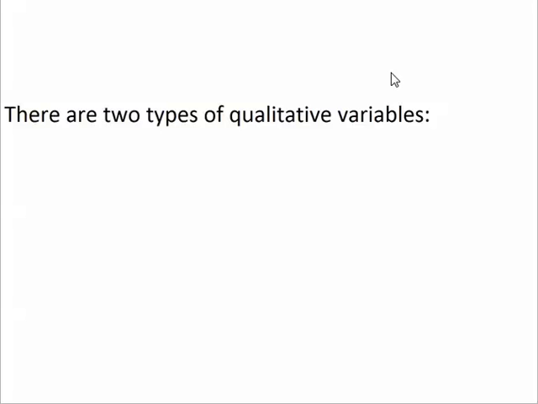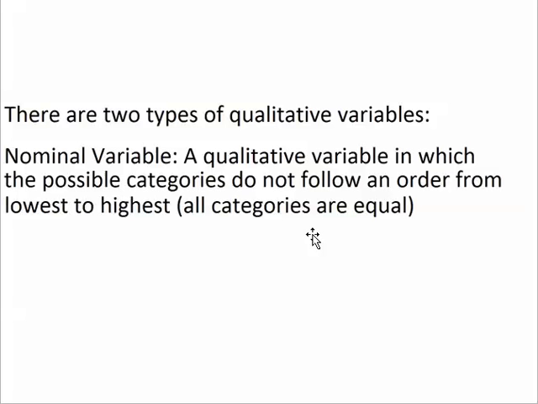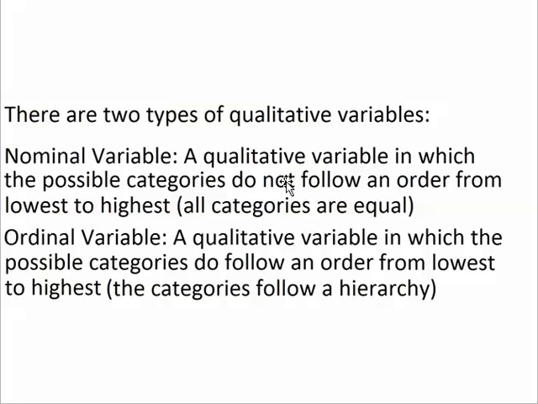A nominal variable is a qualitative variable in which the categories don't follow in order, and all categories are considered equal. A nominal variable simply involves different types of things. So variables like gender and ethnicity, or hair color and college major are nominal variables.